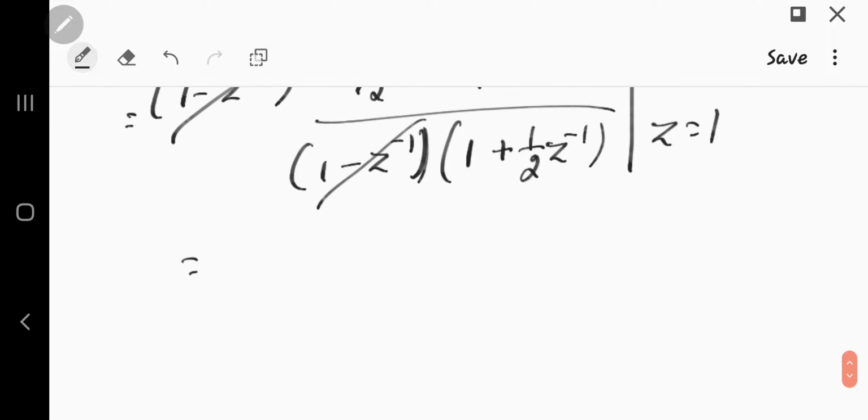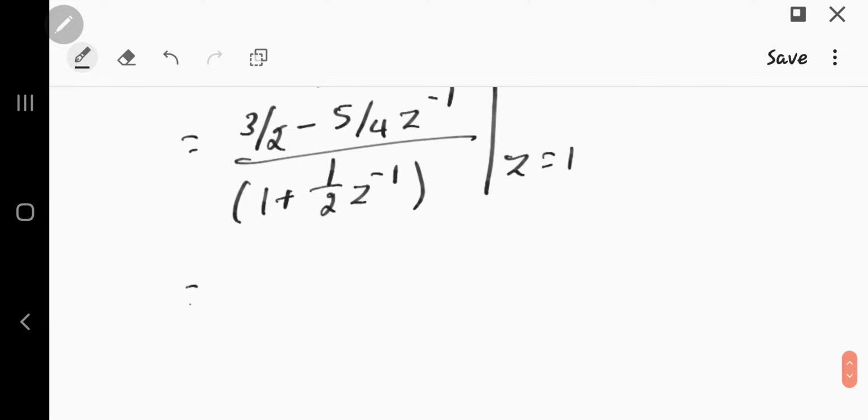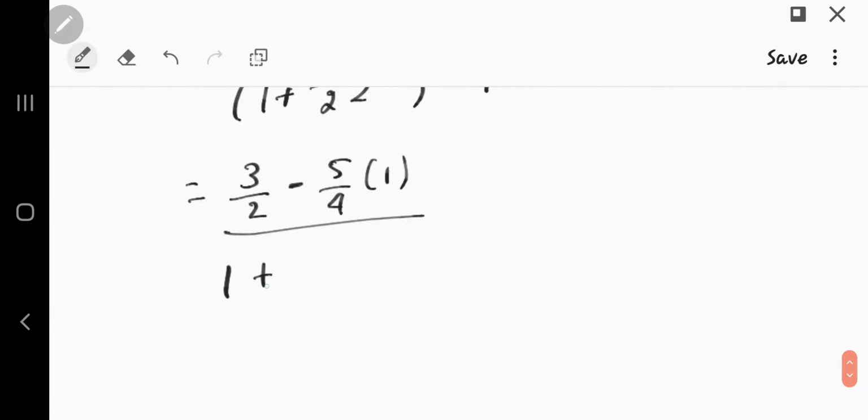We'll remain with 3 by 2 minus 5 by 4 z inverse divided by 1 plus 1 by 2 z inverse, where z is equal to 1. Now if you substitute the value, 3 by 2 minus 5 by 4 into 1 divided by 1 plus 1 by 2 into 1.